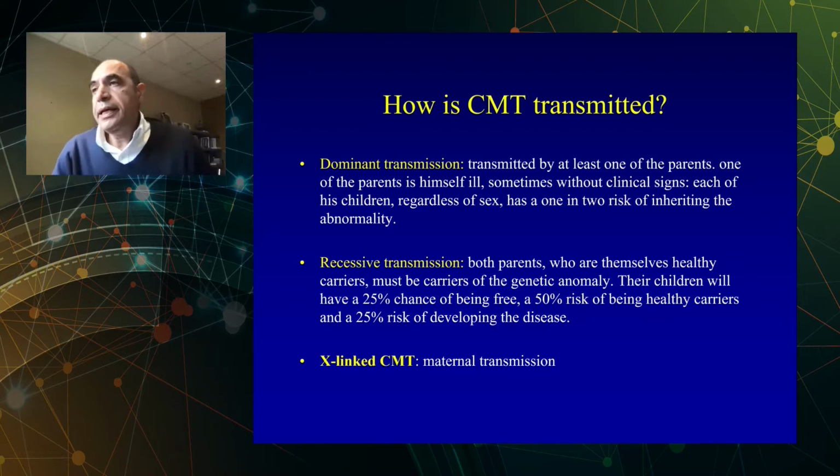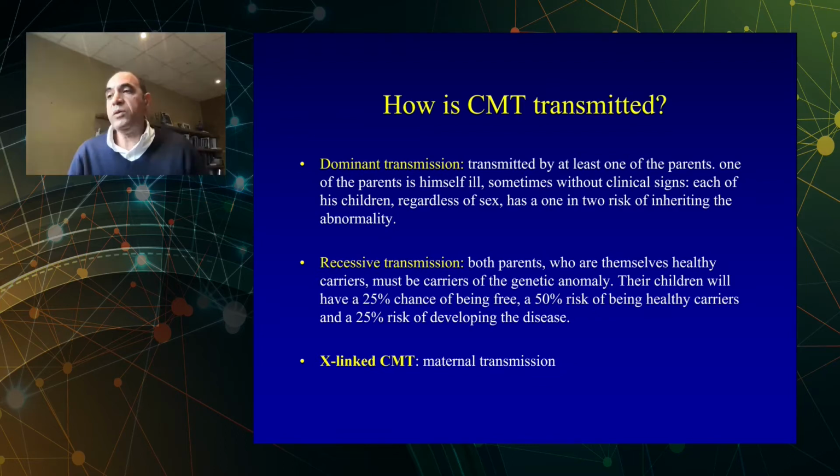So how is CMT transmitted? Dominant transmission means that the neuropathy is transmitted by at least one of the parents. One of the parents is himself ill, sometimes without clinical signs. Each of his children, regardless of sex, has a 1 in 2 risk of inheriting the abnormality.